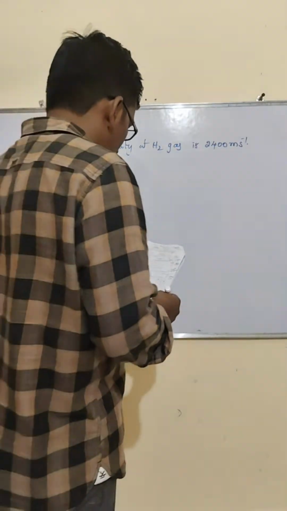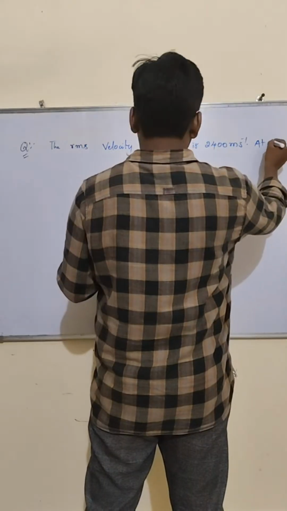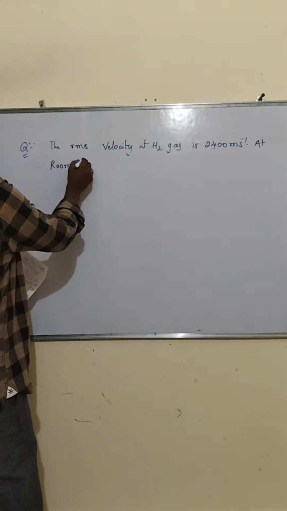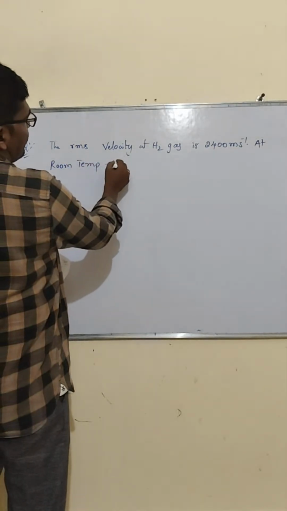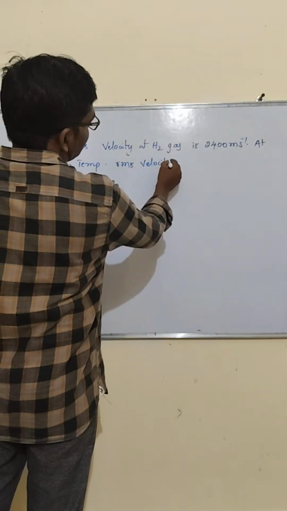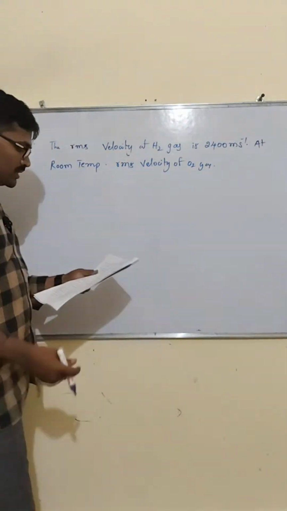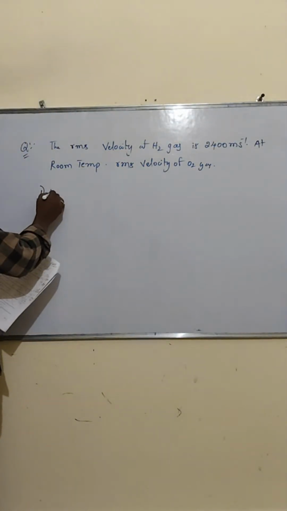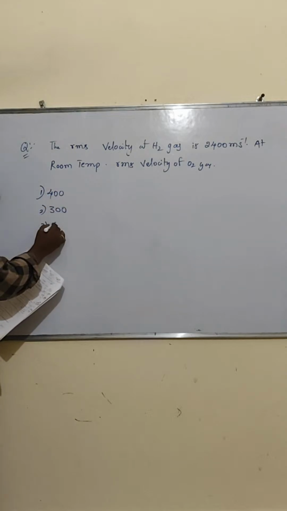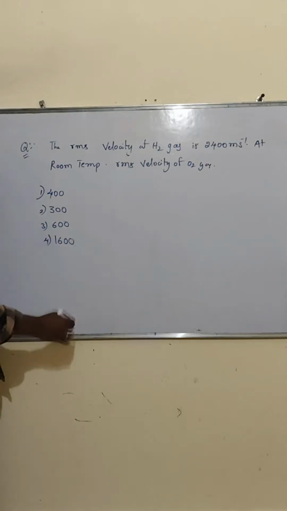Then at room temperature, the RMS velocity of O2 gas would be? They mention option 1: 400, option 2: 300, option 3: 600, option 4: 1600.